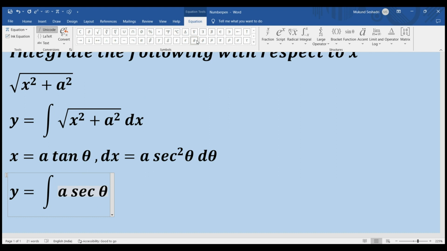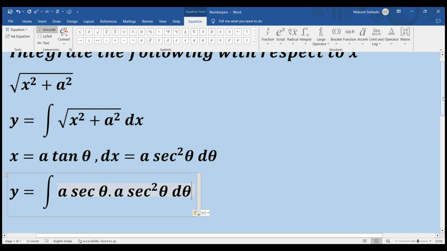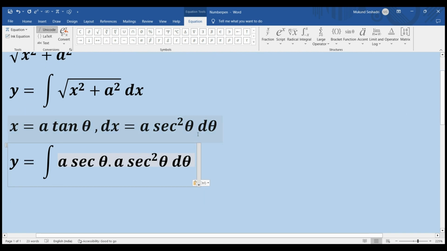So I have a times secant theta times a secant square theta d theta, right? So I know that I have a double a inside the integral, so I can pull out a square. So my y becomes a square times integral of secant cube theta.